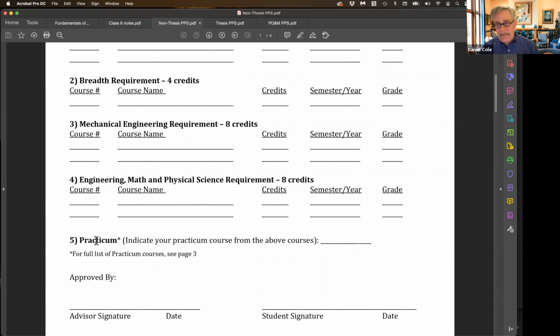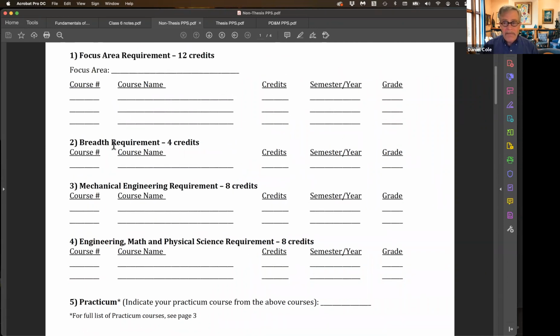And the definition of practicum is a little bit loose, but roughly it's this. It's a course which has a project in it, and the project accounts for roughly maybe a quarter of your grade. So we have a list of courses which we've approved as practicums, and you just got to make sure that of your 8, one of them satisfies that. So we'll get to that in a second.